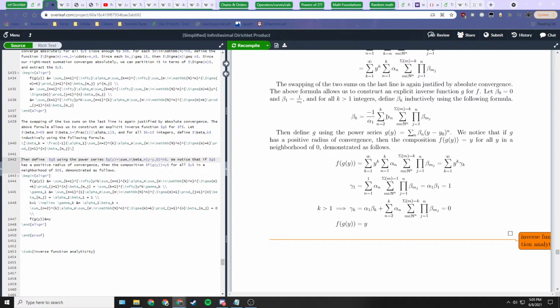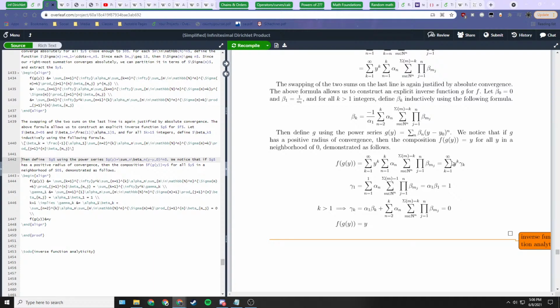This is negative beta k times alpha 1. Just like this. It's exactly the same expression, just copy pasted. So because we have gamma 1 is 1, and all the larger gamma k's are 0, then f of g of y is just y. It's just y straight up, and that's it.